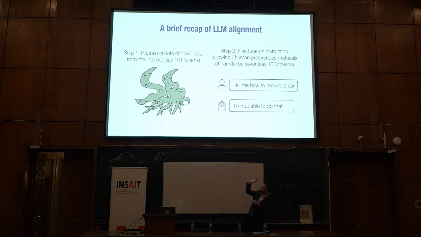Okay, so we take this massive pre-trained model, and we tell it, don't just output text as you would given the raw probabilities on the internet. Instead, do other things. Do things like answer the question that people ask you. This is called instruction tuning. Do things like follow basic human preferences in your answers.